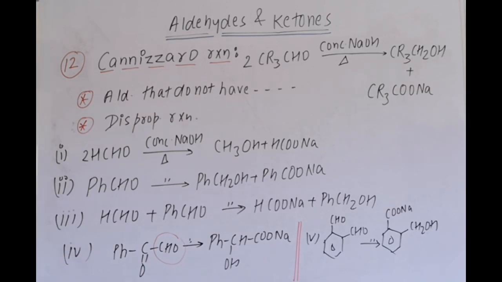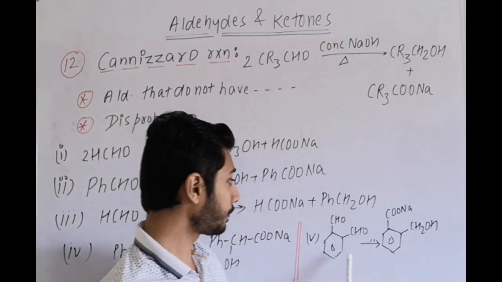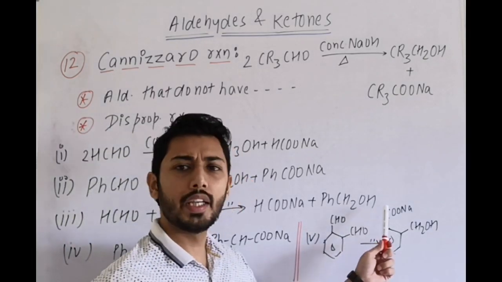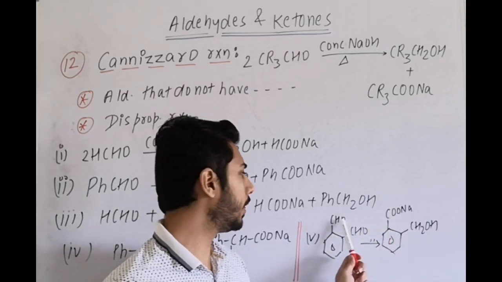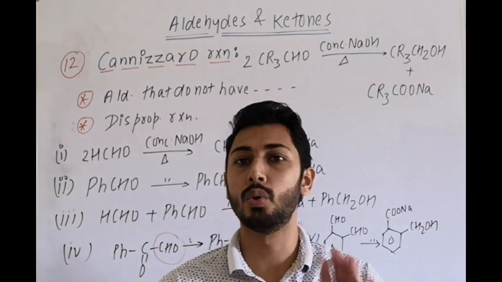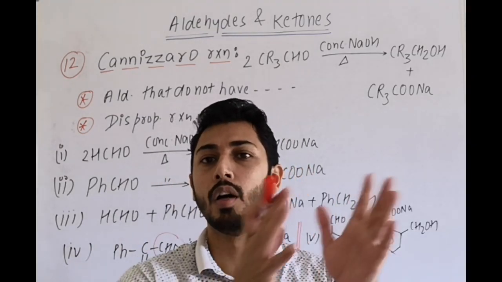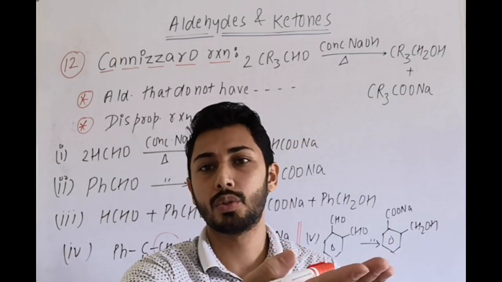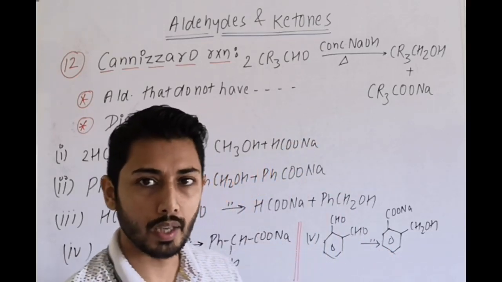Which is intramolecular Cannizzaro. Same way here, intramolecular reaction, one will be oxidized, any of them, both are equivalent. This will be suppose oxidized, other will be reduced. So here in Cannizzaro, no alpha H, strong alkaline medium, the given compound we take 2 moles, one becomes oxidized to acid, other will be reduced to alcohol.